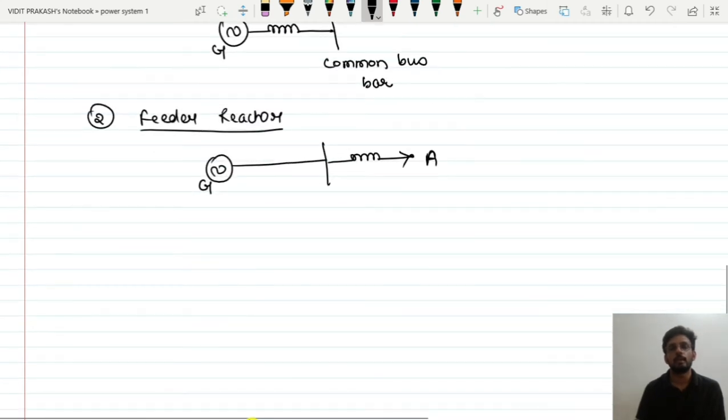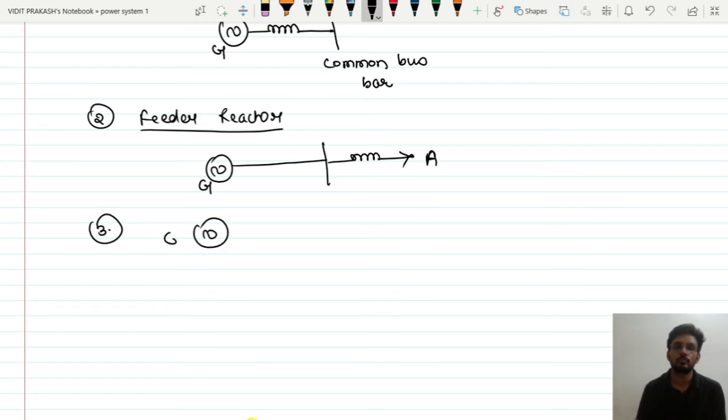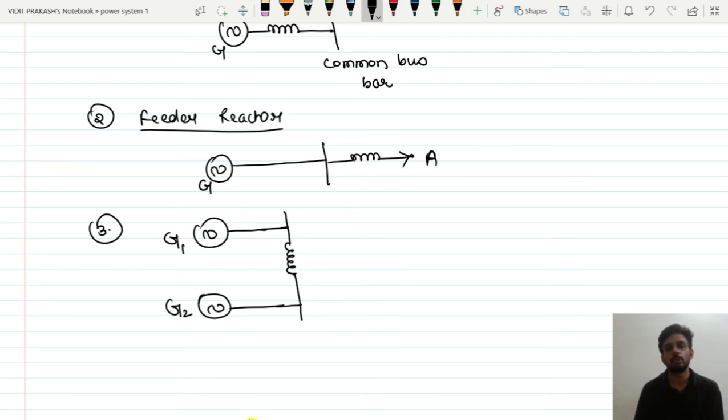And third, suppose we have two generators here, and if we connect a reactor to a common bus bar between both the generators, that reactor is called a bus bar reactor.